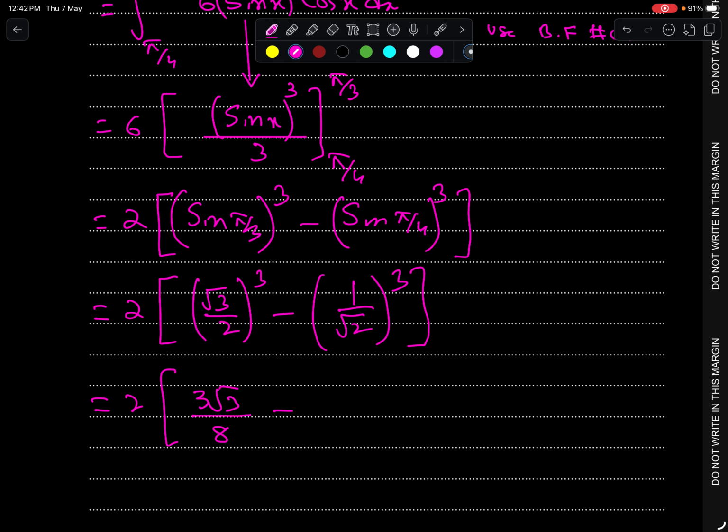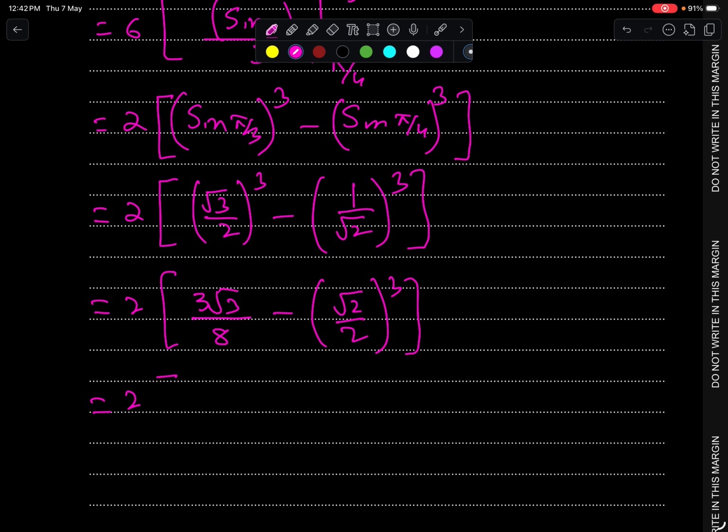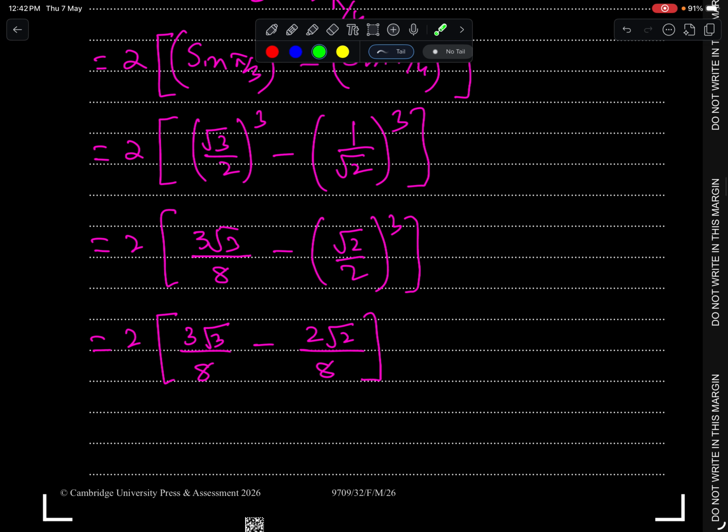You can first rationalize this to root 2 upon 2 and then cube it. 3 root 3 upon 8. Okay, so we have 2 root 2 upon 8 here. Root 2 cube will become 2 root 2.